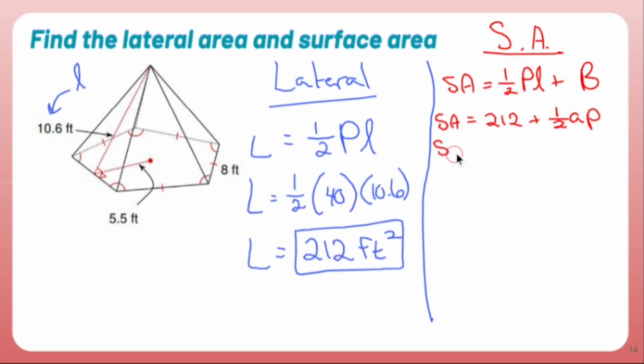So my surface area is going to be 212 plus 1/2 times my apothem, which is 5.5, times my perimeter, which I already found out earlier to be 48.